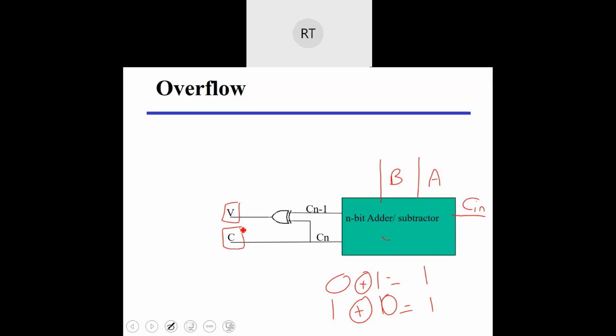And what is C? These are referred to as status bits. Okay? So I will tell you now what are the status bits available. I have 4 status bits. The first one is V. It's a 1-bit status bit. It is a 1 if I have an overflow. It is 0 for no overflow.